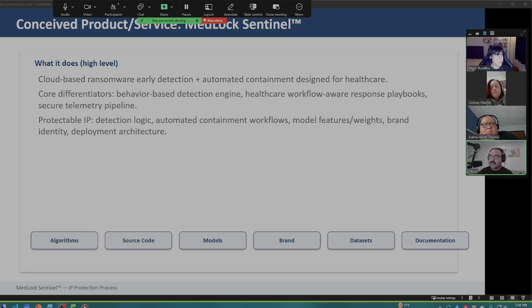The IP surface area includes code, algorithms, ML artifacts, brand identity, data schemas, and architecture documentation. Next, the scope and the exact process map that the development team can follow.